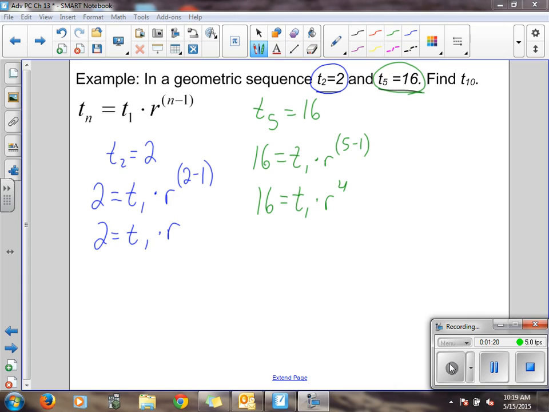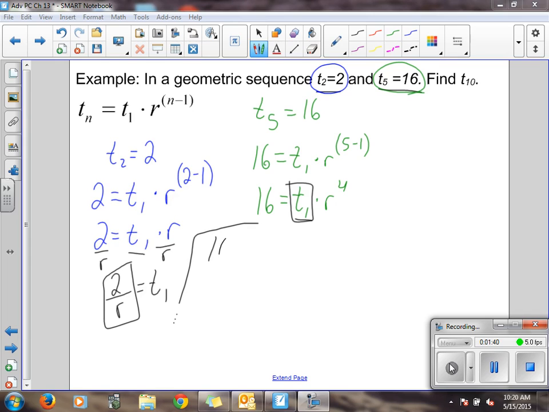What I'm going to do here is just solve the first equation for t sub 1 so that we can then substitute in. If we do that, we could divide both sides by r, get that 2 over r equals t sub 1. Then taking that value, substituting it in for t sub 1 in our second equation, we will get that 16 equals 2 divided by r times r to the fourth power.